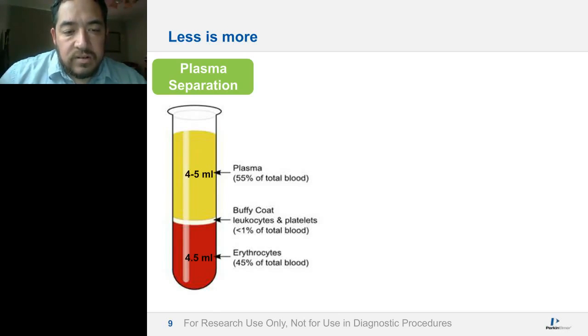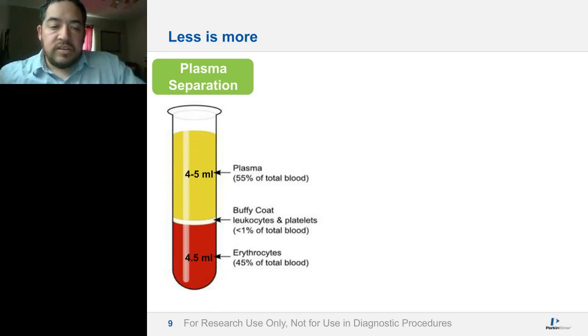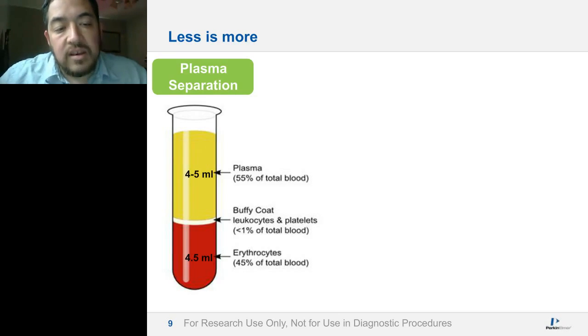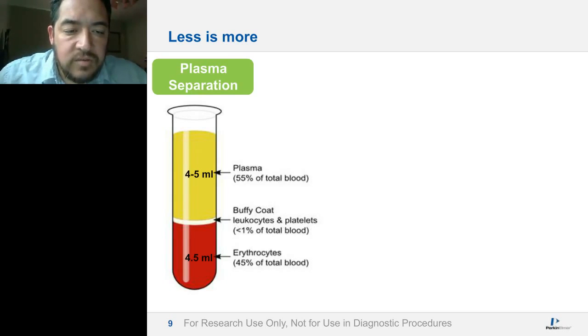Even though earlier we were saying that we want to use as much plasma as possible, the goal is to make sure that you get a clean isolation of the plasma from the separation. The blood draw contains 4 to 5 mLs of plasma, about 55% of the total blood.